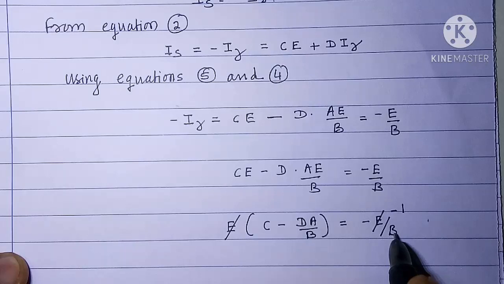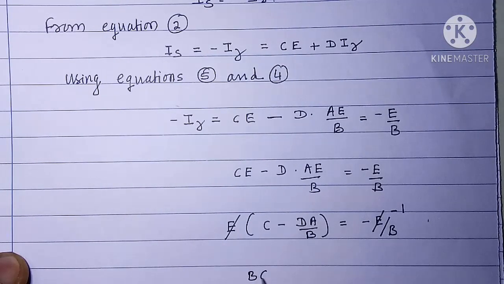So taking B to the LHS, we get BC minus DA equal to minus 1.